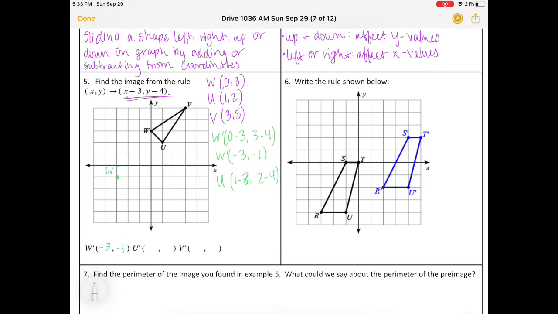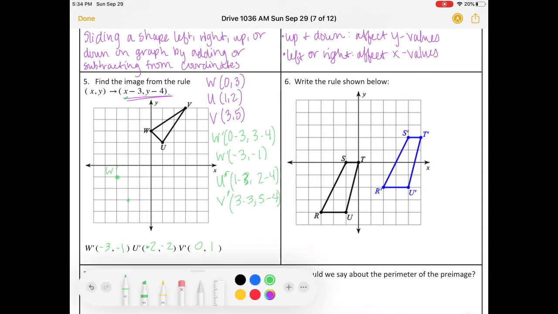I knew there was a mistake there. All right, so negative 2, and again, negative 2. And then for V, you should have done 3 minus 3, which gives you 0, and then 5 minus 4, which gives you 1. Oop, prime, prime. All right, plot those. So negative 2, negative 2.